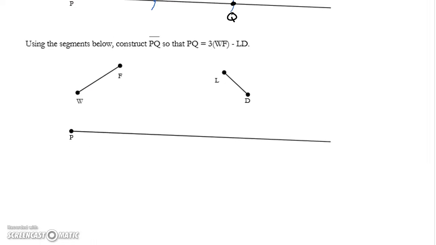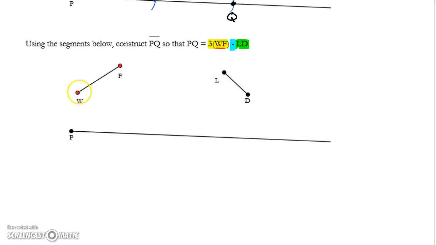The last example here is different only because I now want 3 segment WFs minus the last segment LD. So I start with my first segment WF.